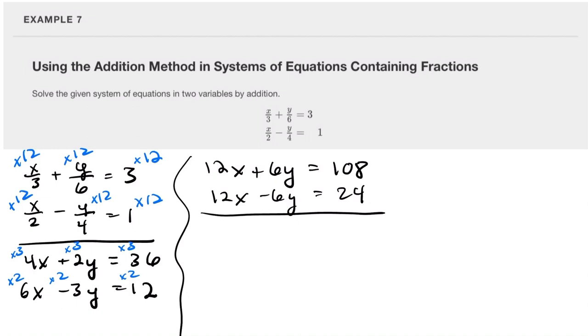So when we add our equations together, these are going to cancel. We're going to get 24x equals 132. Is that right? So then x equals, hey Google, what's 132 divided by 24? 132 divided by 24 is 5.5.